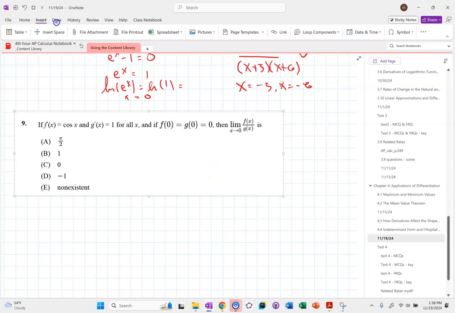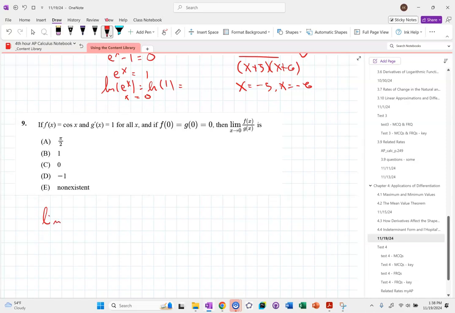Okay. So this is a limit question, right? From now on, for every limit question I get, my first step is going to be to check with direct substitution.